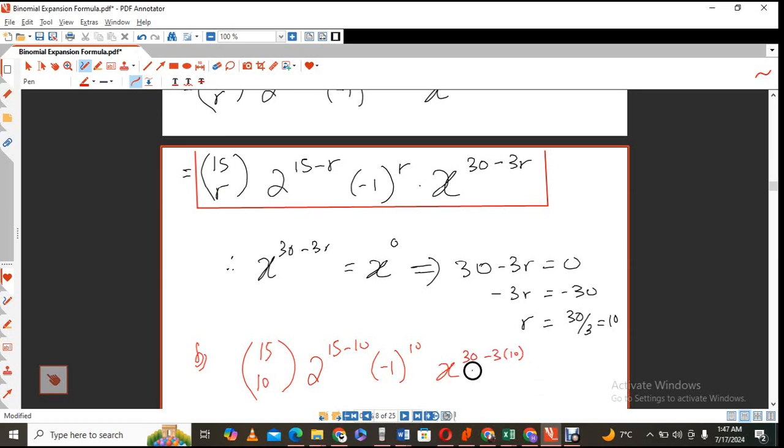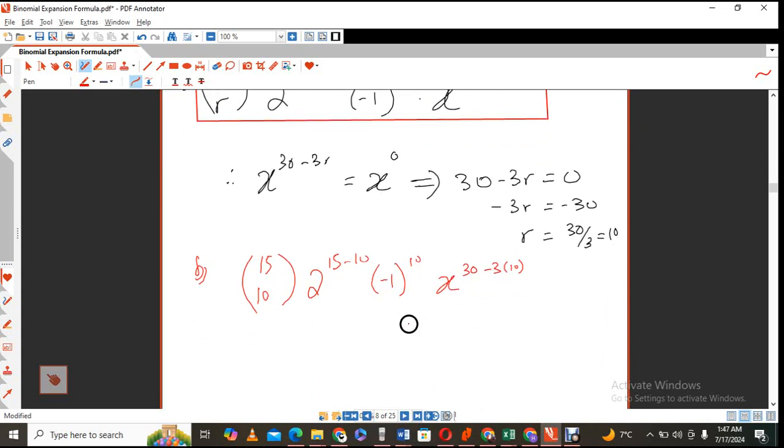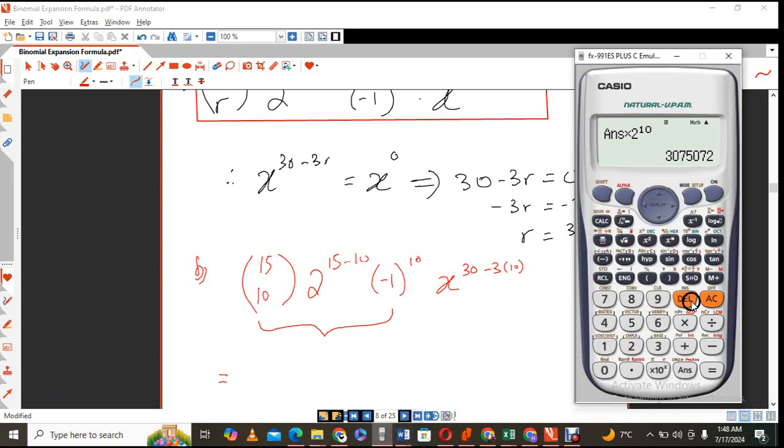Obviously this gives x to the power of 0, and I'm not really interested in that, because we're looking for a term independent of x, so the whole coefficient here is already my answer. -1 raised to the power of 10 is an even power, so this is going to be positive. Let's grab our calculator: 15 choose 10, which is 3003.